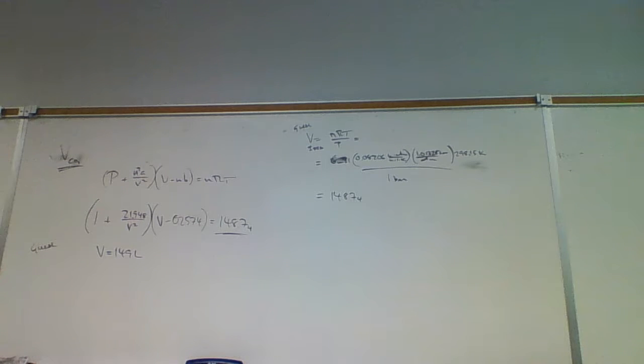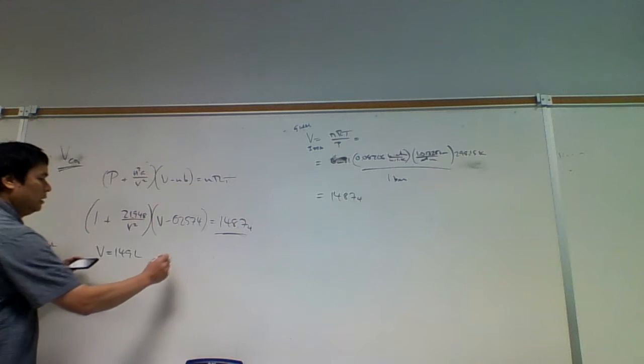And so I'll get 21.948 divided by 149 squared, equals that, plus 1, equals that times parentheses 149 minus 0.2574.